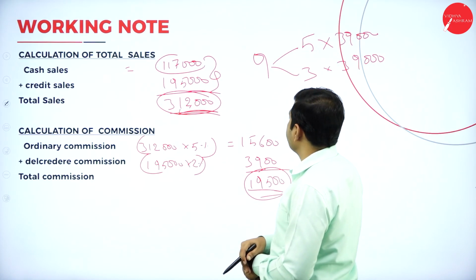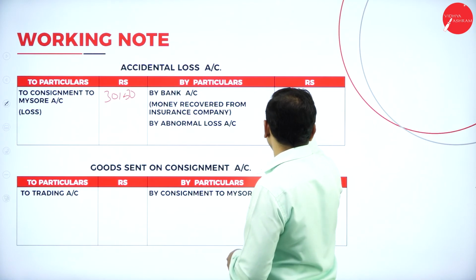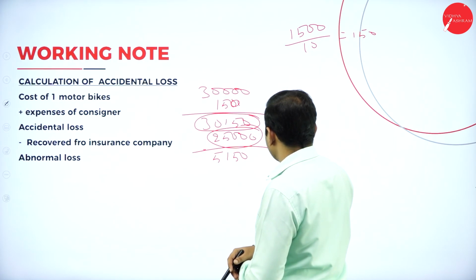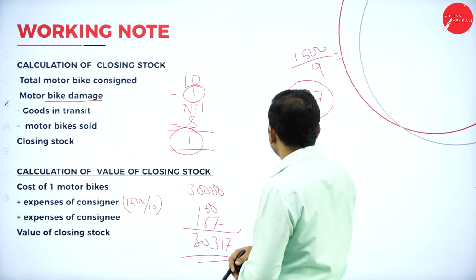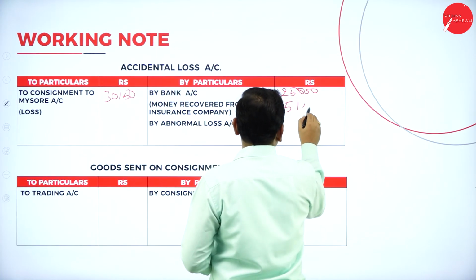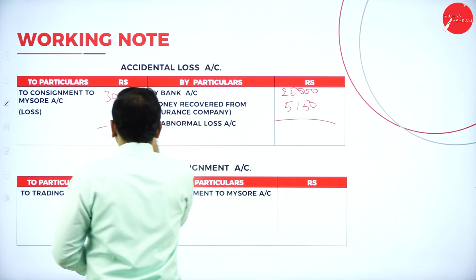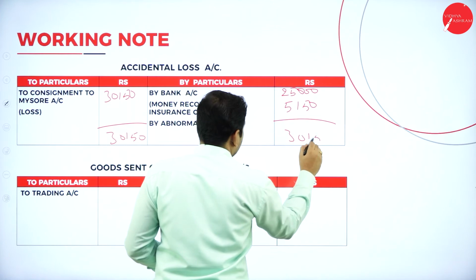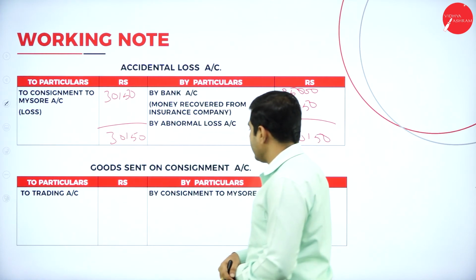Only 25,000. So insurance company by bank account 25,000. The remaining is the abnormal loss. What is the abnormal loss? 5,150 is the abnormal loss. So both sides should tally, 30,150.